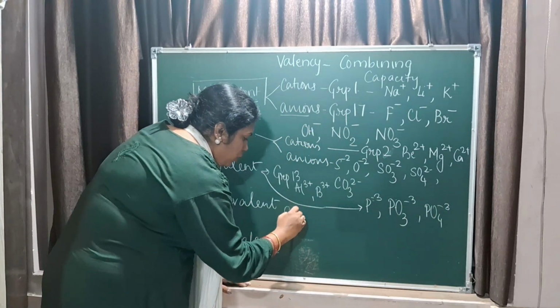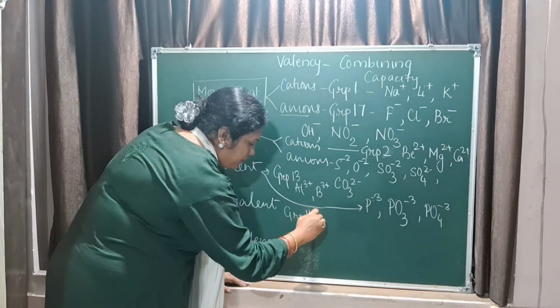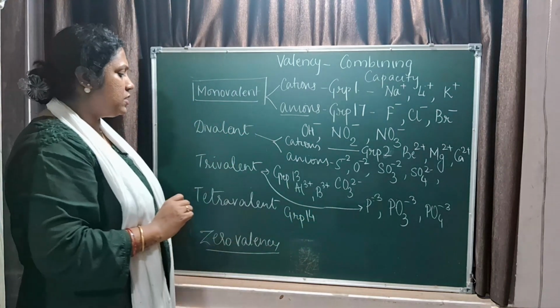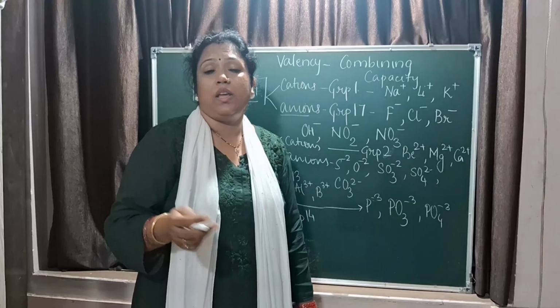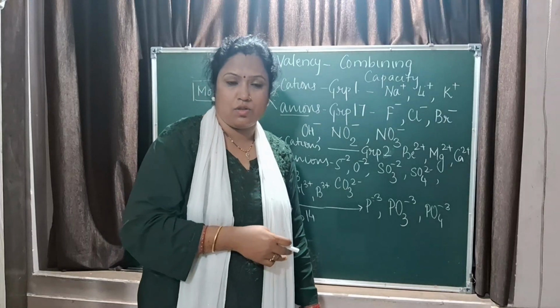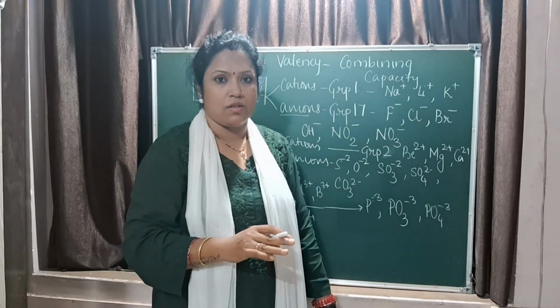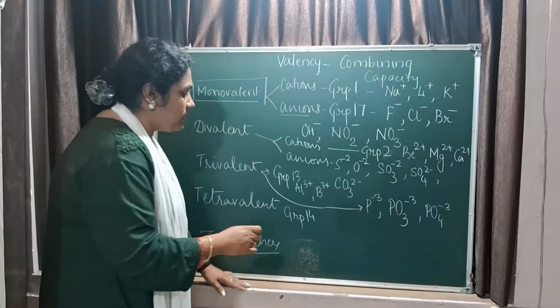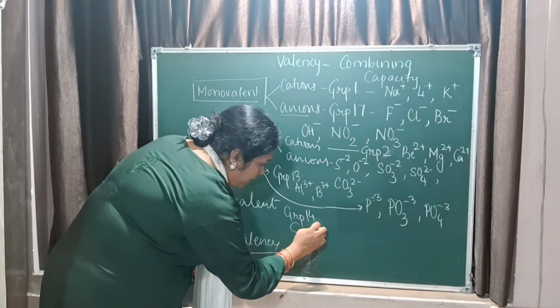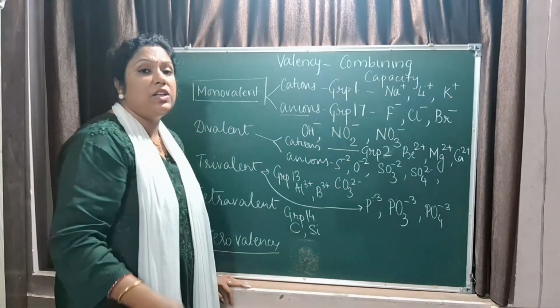Tetravalent, generally group 14. Okay, now group 14 elements, generally they have valency 4. They can neither give or take electrons, so they don't form ions as such, right? So they have valency 4, like carbon and silicon, they share.